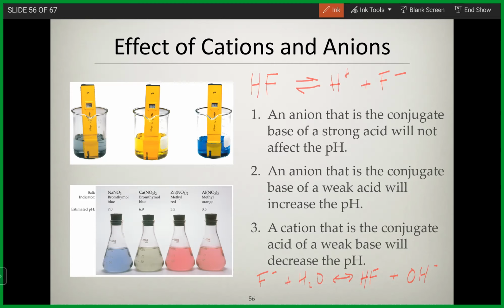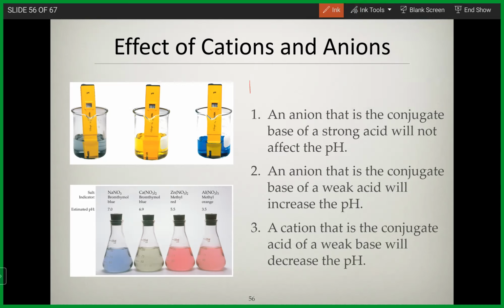So remember, bases are higher pH. We're producing more of that hydroxide, more of that basic ion, so the pH is going to rise accordingly. And then the cation, or the conjugate acid of a weak base, is going to decrease the pH for a similar reason. The most common weak base, ammonia, we've already seen. Its conjugate acid is just going to be the ammonium ion.